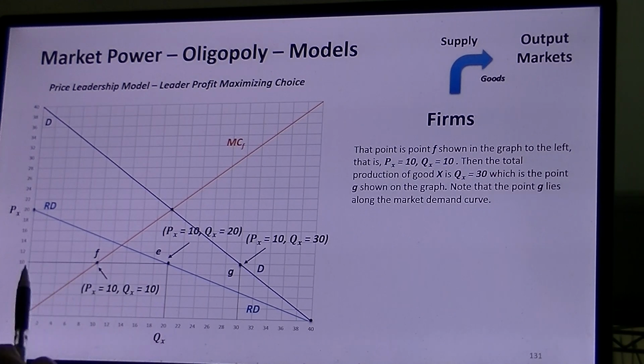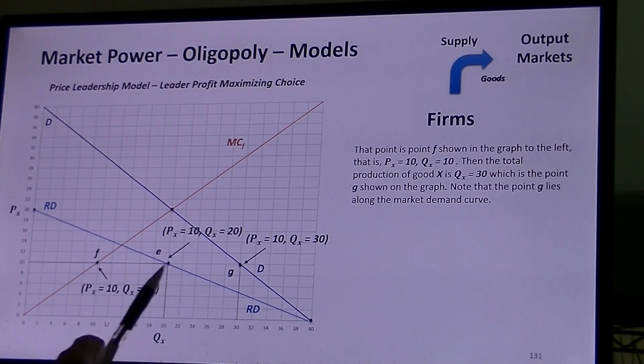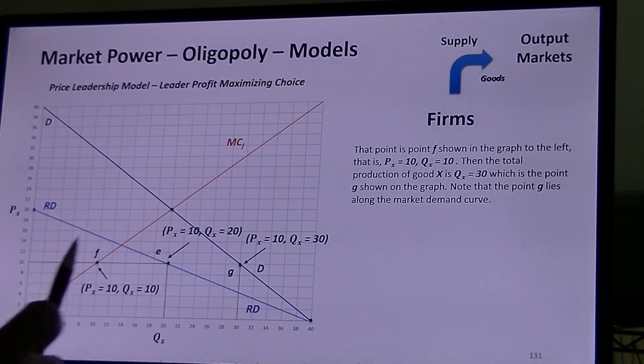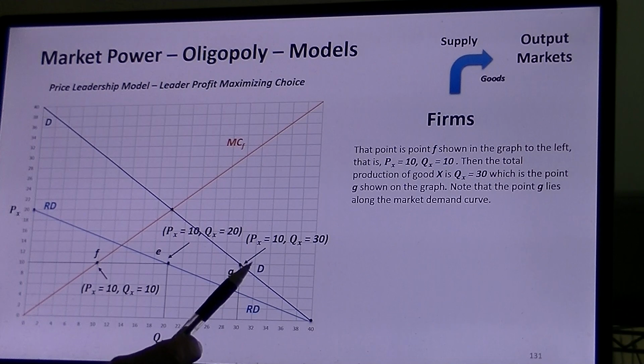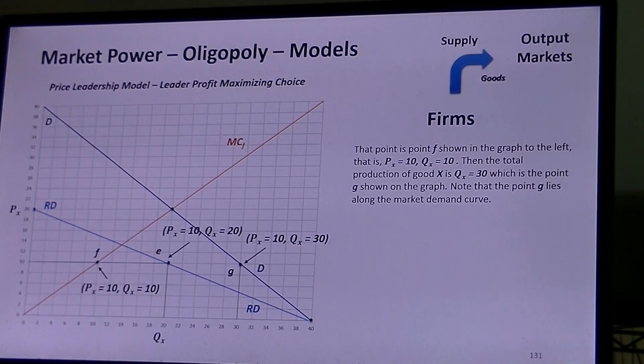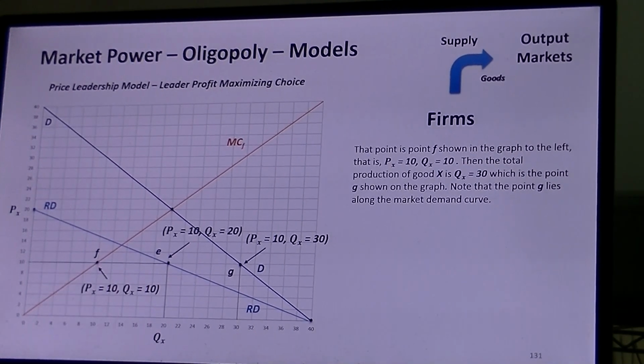The leading firm takes 2/3 of the market, 20 units. The follower firms take 1/3 of the market. And this is at point G, which is on the market demand curve. So as I say, the marginal cost is 10. The price is 10, so they would earn zero profit.